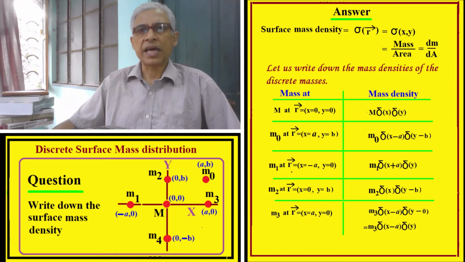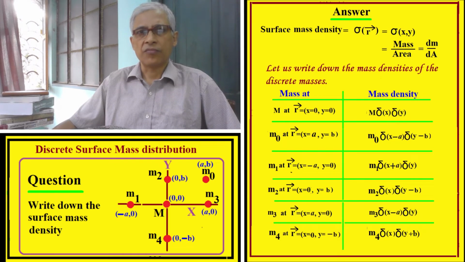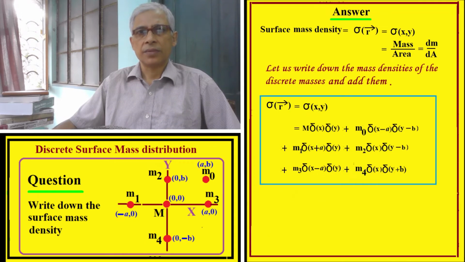You can see the calculations for m3 as well as for m4. The mass densities have been written. We now add the individual mass densities to get the result, and here it is.